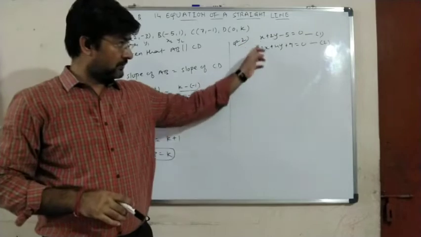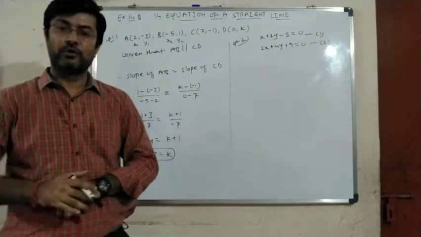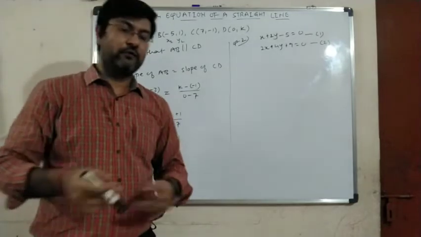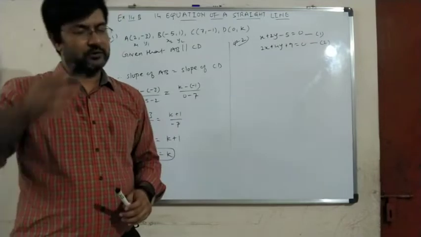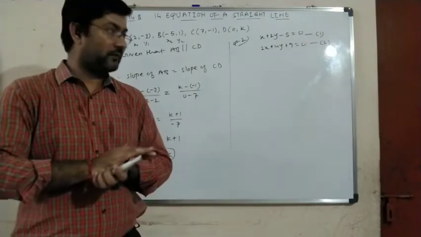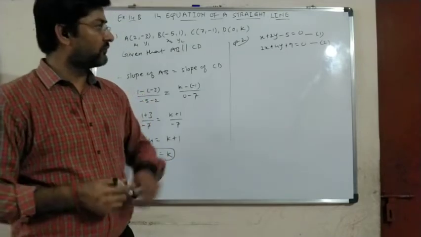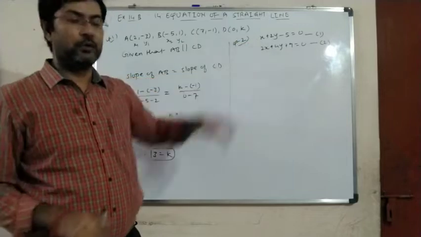So in this case we will show that the slope of line 1 is equal to slope of line 2. Now how will you find the slope from the given equation? This kind of question we have solved in the first exercise. Okay, first we will convert this standard form into the form y is equal to mx plus c.